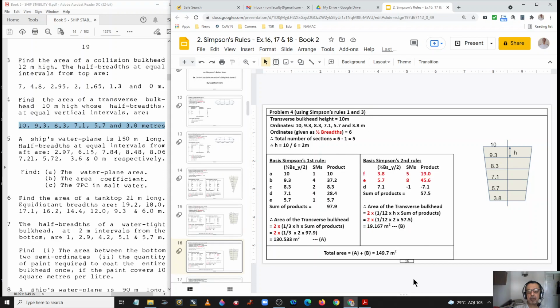Now, another alternative method of calculation is as follows. Here I am using Simpson's first rule and third rule.